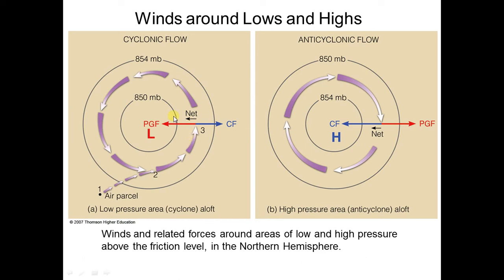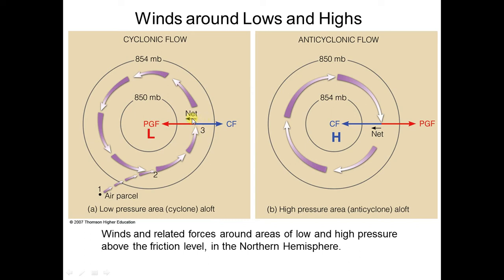But are the pressure gradient force and Coriolis forces balanced here in this scenario? They're not. Notice that the pressure gradient force arrow is longer than the Coriolis force arrow. So there's a net force directed inward.